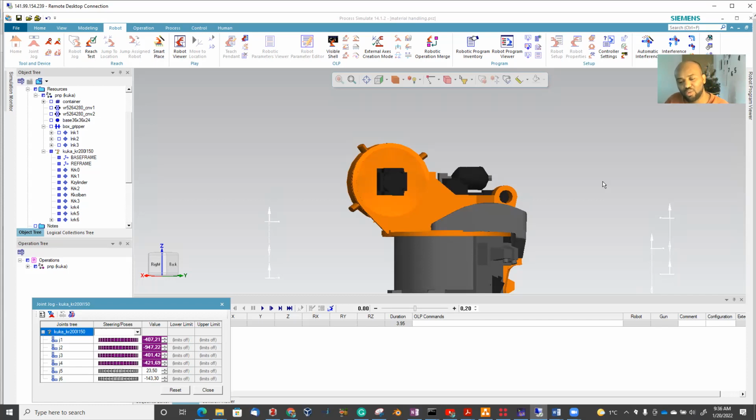Then you go to the control: how does this affect my motion and my control system? And on top of that, how does it affect my software and my program? You combine all these things. That's why it's more interdisciplinary.